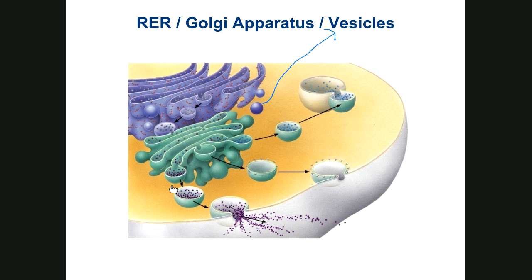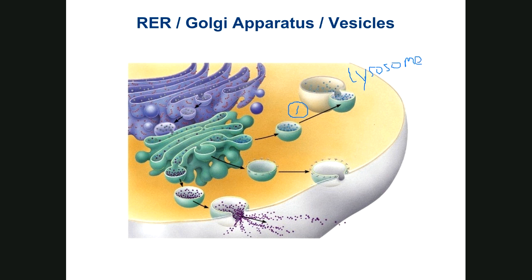Therefore, some of these will be sorted and become part of another organelle called a lysosome. We'll go over this in a second. So that's one direction these proteins are sorted.